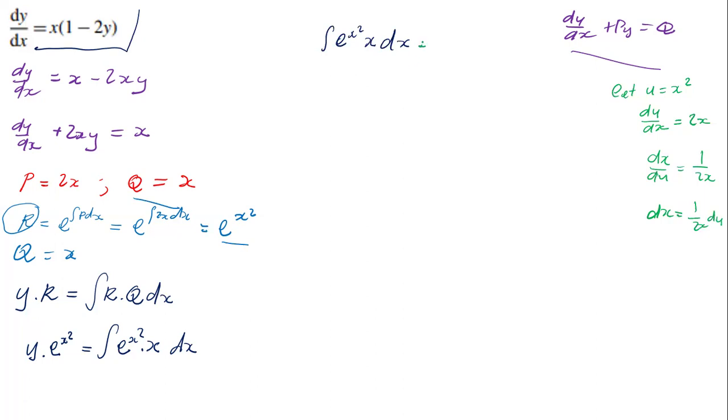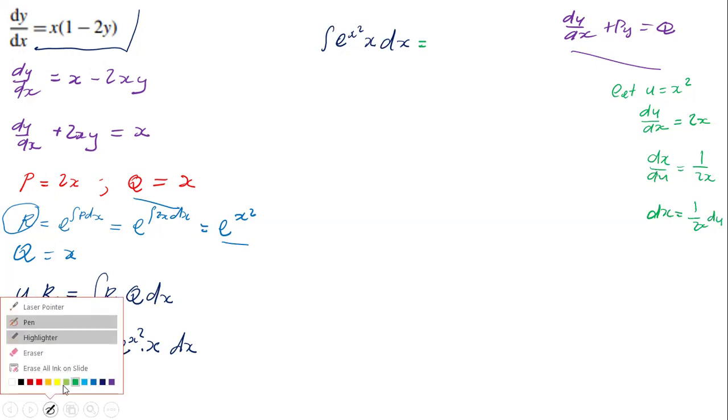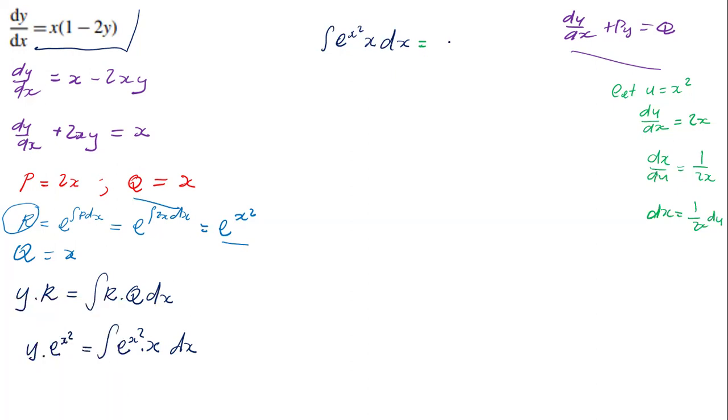Now, I'm going to substitute that. So here we have the integral of e. We said x squared is u, right? And then multiplied by x.